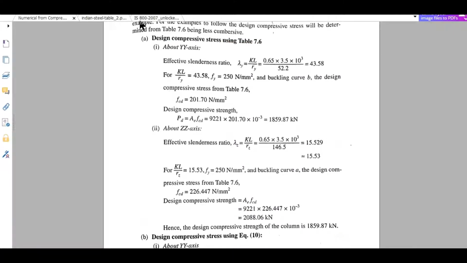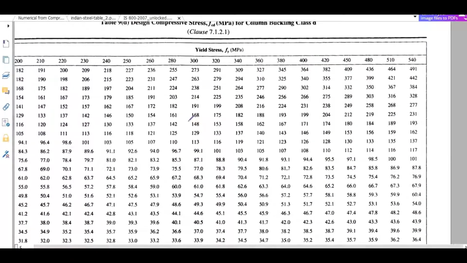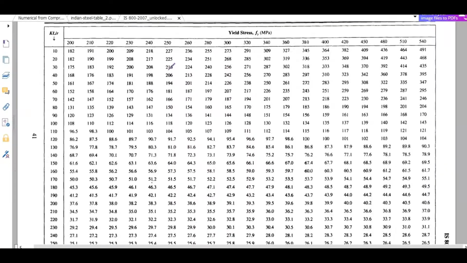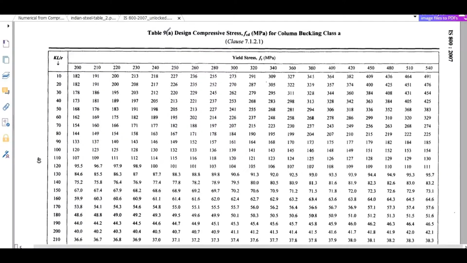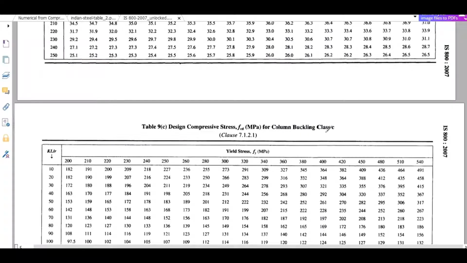That is Table 9. You can see there are Tables 9A, 9B, 9C and 9D. 9A is for buckling class A, 9B is for buckling class B, 9C is for buckling class C, and 9D is for buckling class D.